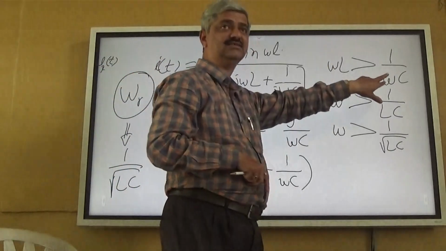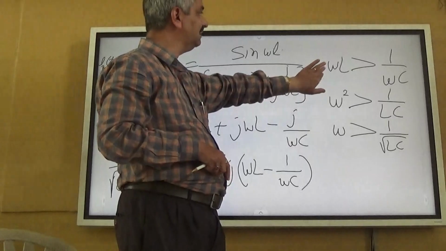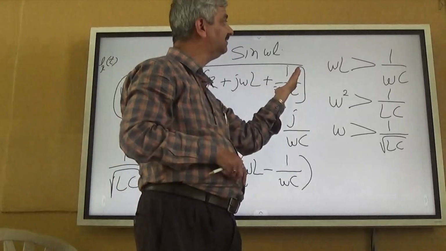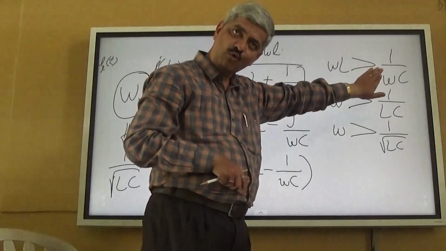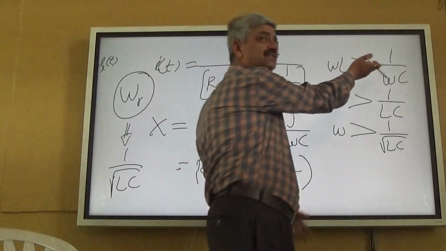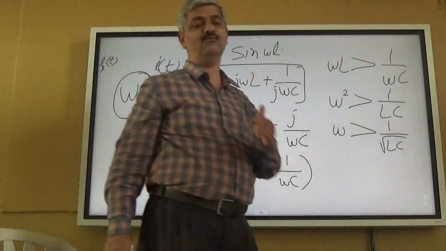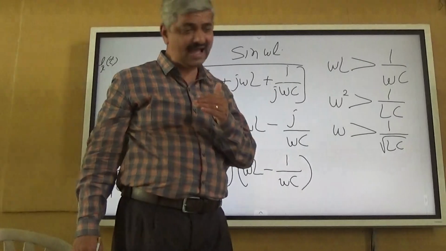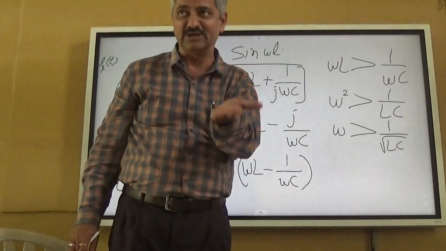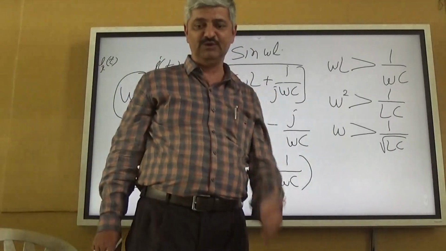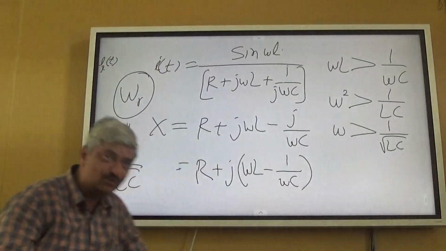If reverse, that is 1 upon omega C greater than omega L, or just this sign reversed, right? So when omega is less than 1 upon root LC or omega r, what will happen?